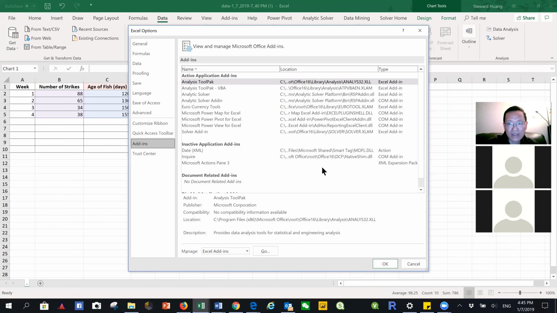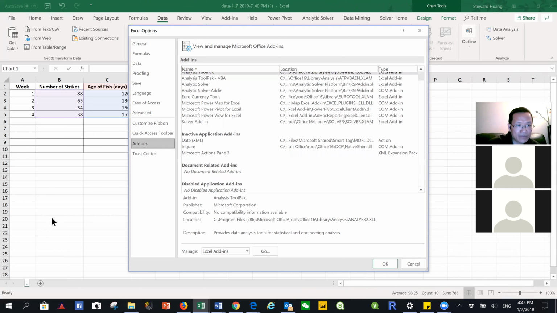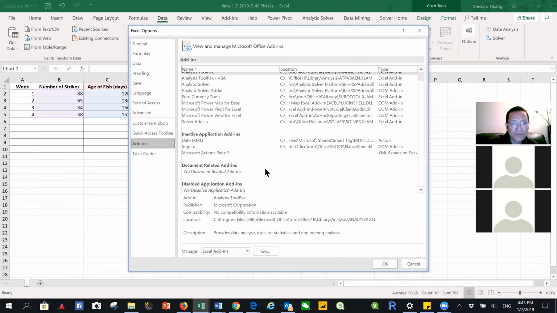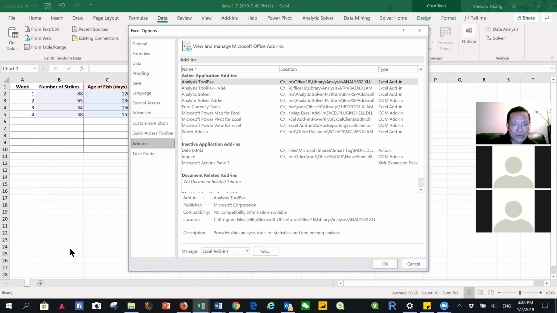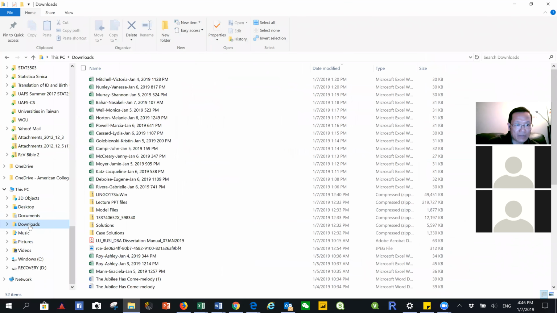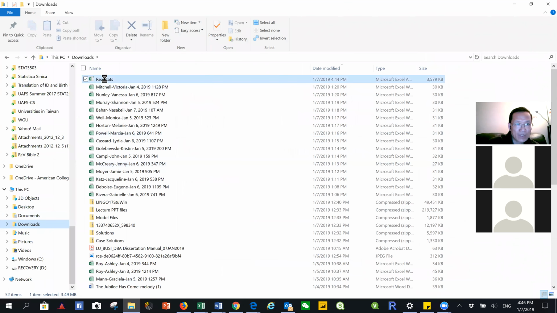It's not installed properly, but there should be a way to install it. Let me figure out the problem. Usually there could be some issue in installing it.